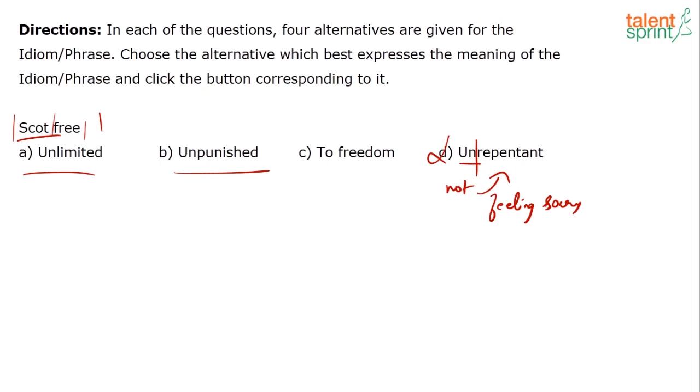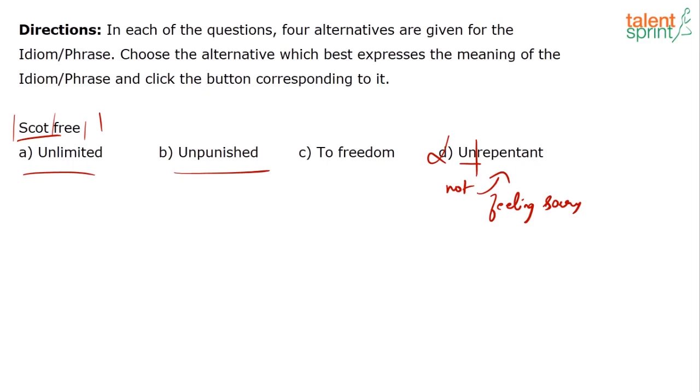So out of this, when you say somebody is let go or is let scot-free, scot-free is not a negative word. In fact, when I say someone is scot-free, it means this person probably did something wrong, but they are still let go without having to go through any punishment. They are probably excused, or their wrong act is overlooked.